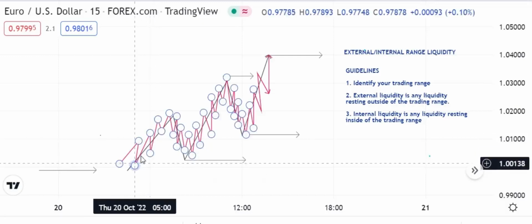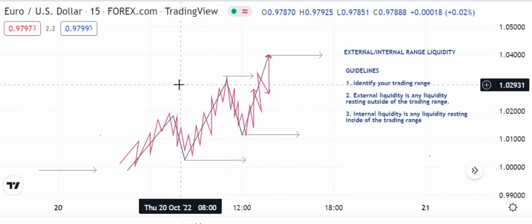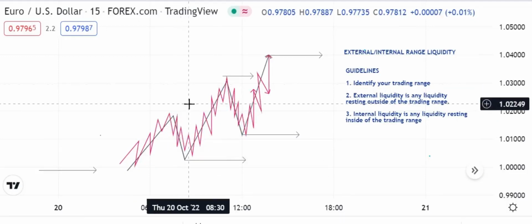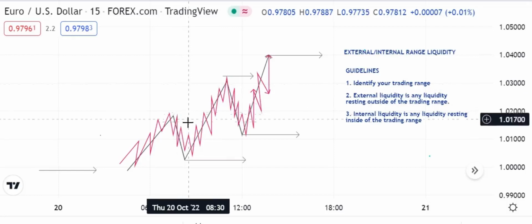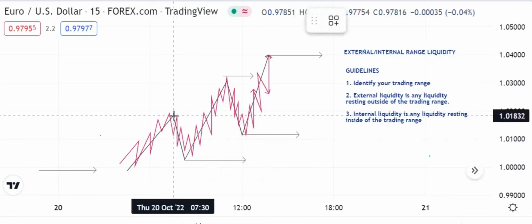This is the 1, 2, 3 pattern. If you haven't watched those 2 videos, I ask you to go back and watch them before you come to this one. Now, after you identify your 1, 2, 3 pattern, you need to identify your trading range. Your trading range is your high and your low after the break of structure.